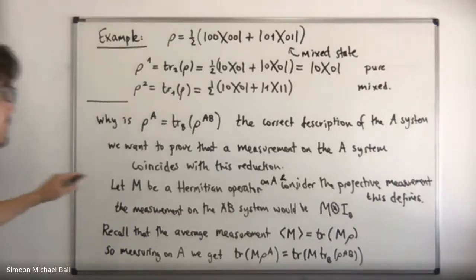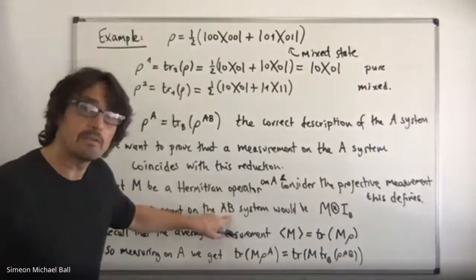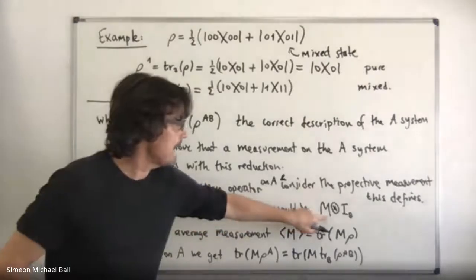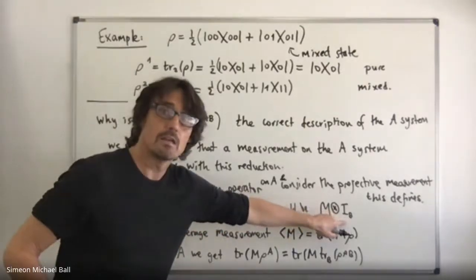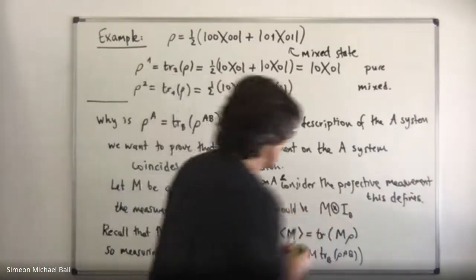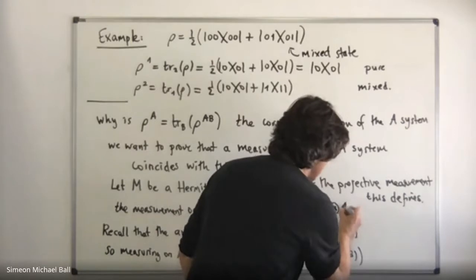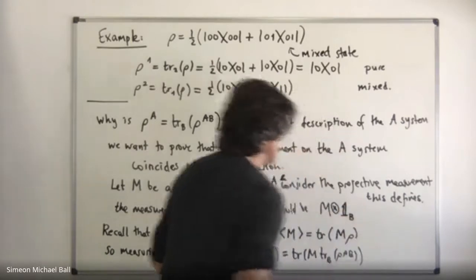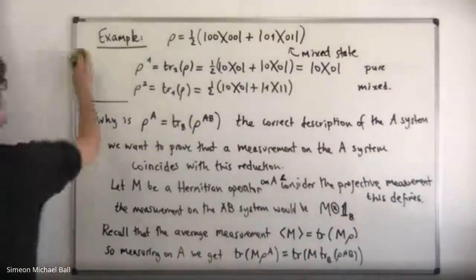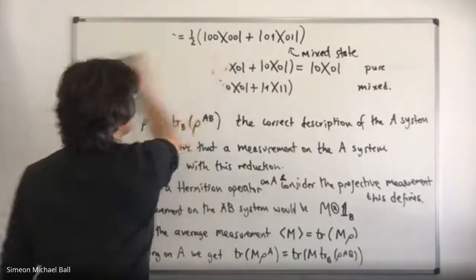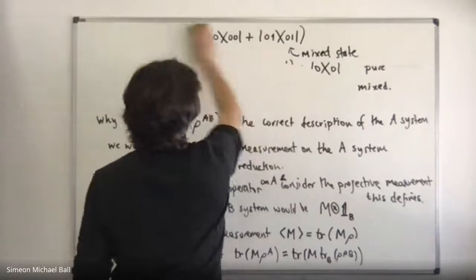Whereas on the whole system AB, if we don't do the partial trace, then we should be measuring M tensor identity on B. So now what I want to do is check that that's going to give me the same.